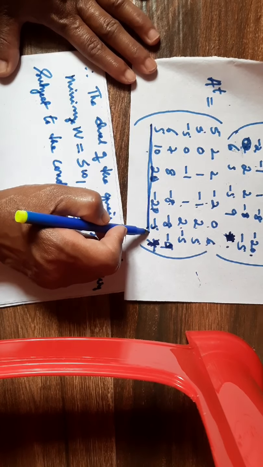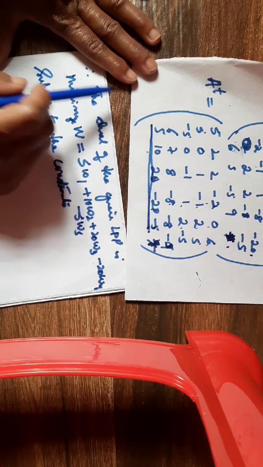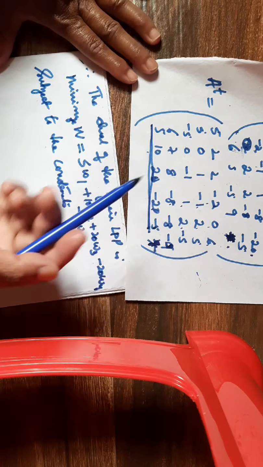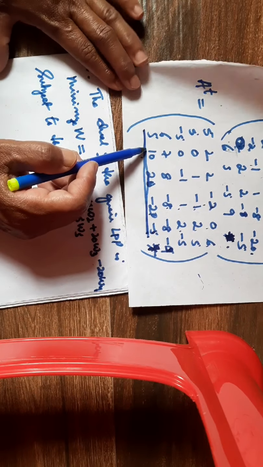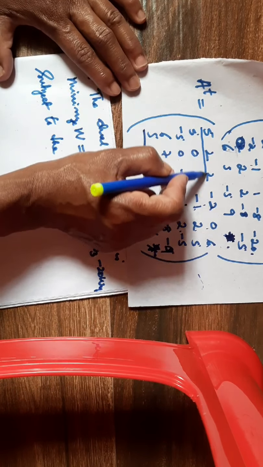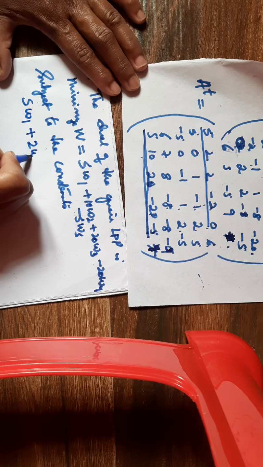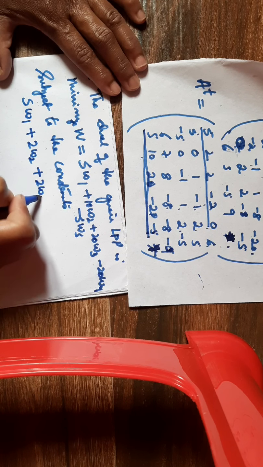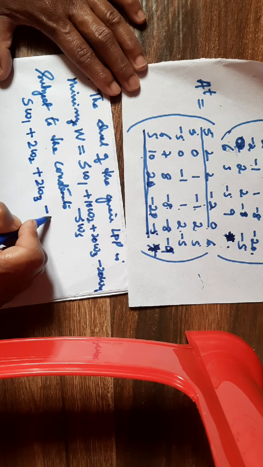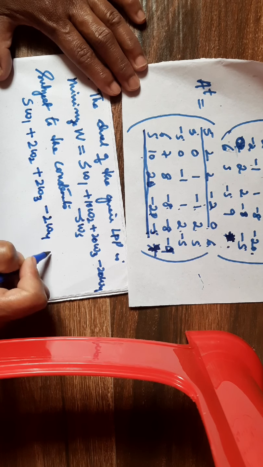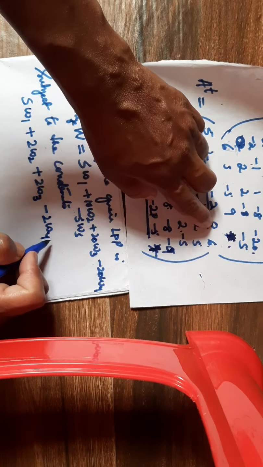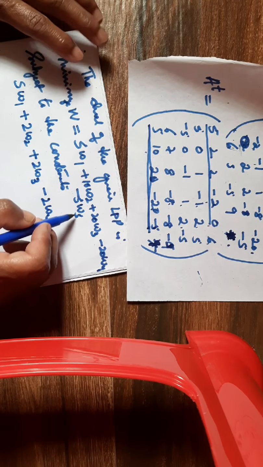where the entries in the last row will always represent the coefficients of the x1, x2 or w1, w2 of the objective function. Now subject to the constraint, the first constraint is this one. It is 5w1 plus 2w2 plus 2w3 minus 2w4. Since 0 is here, there will be no w5.